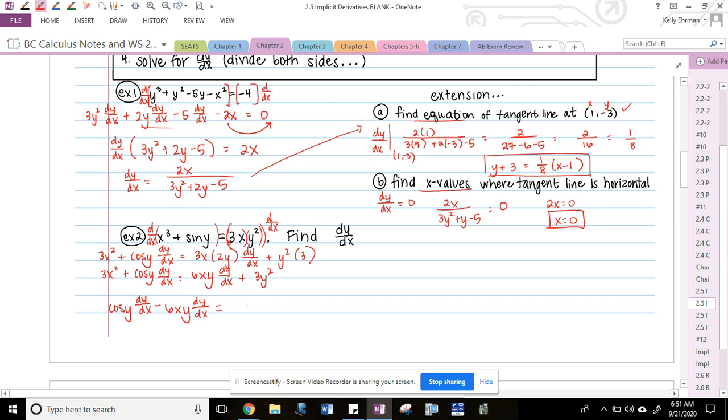Then on the right side, we should still have 3y squared, and we're going to subtract 3x squared from that. Now, if you want to do this in one step, I think that's okay too. If you factored out dy/dx, what would you have divided to the other side? So you have 3y squared minus 3x squared over, this would have been cosine y minus 6xy.